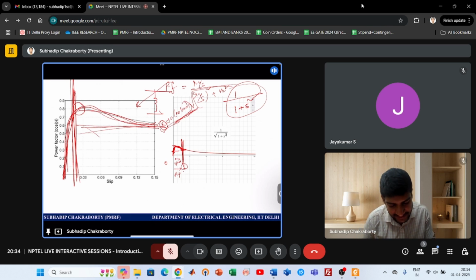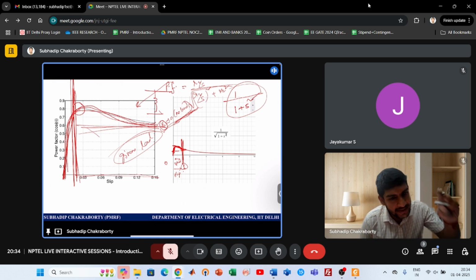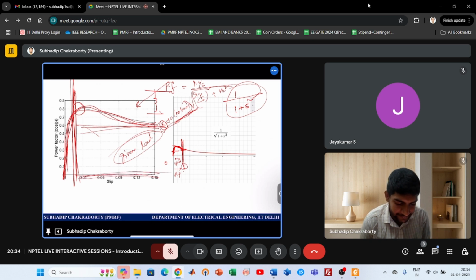So this is for a given load. For a fixed load, you change the slip and see what is happening. Don't change the load. If you increase the load, the power factor will improve. So don't try to play with both things. You keep the load fixed and change the slip.